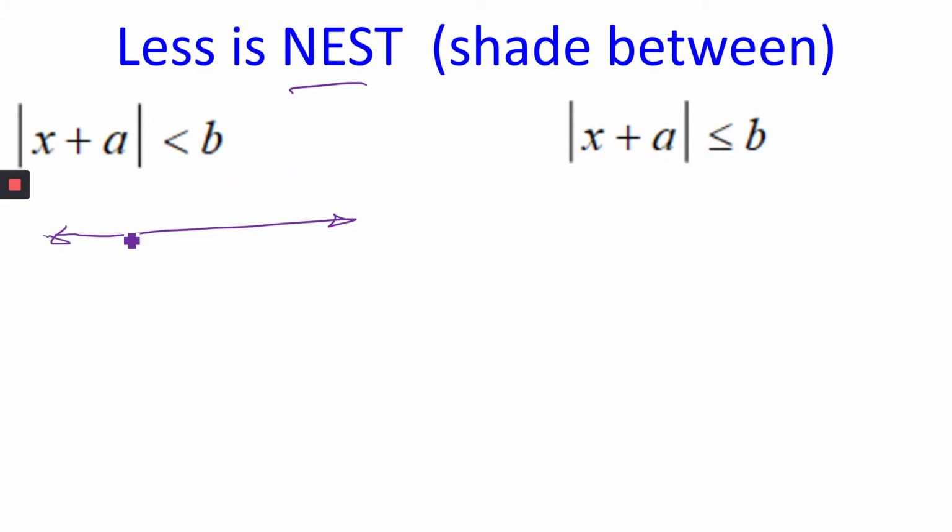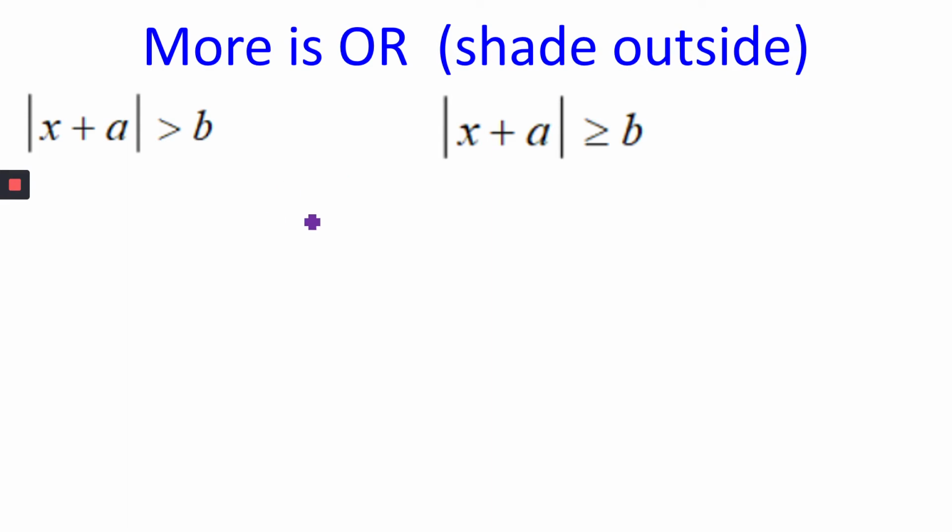Open circle if it is not equal to. So you should see open circles over here, and everything shaded between them. Whereas for this one, we should see some closed circles, and again, everything's going to shade between them. So they look kind of similar, except if it has a line under it, that means it's equal. That means it's going to be a solid circle at the ends.